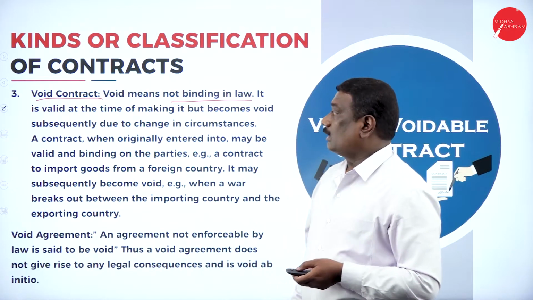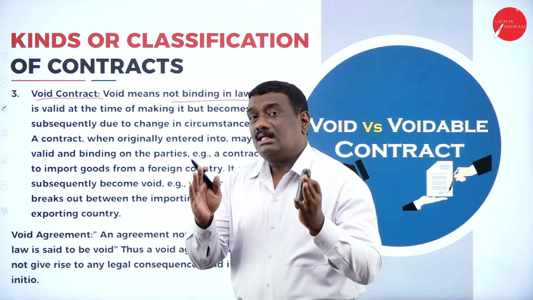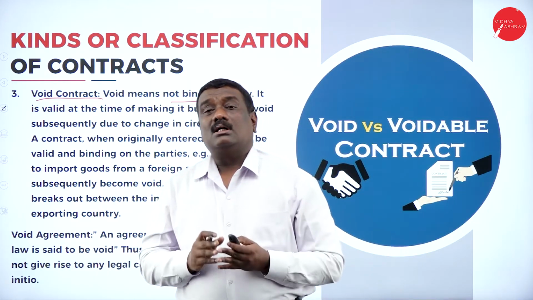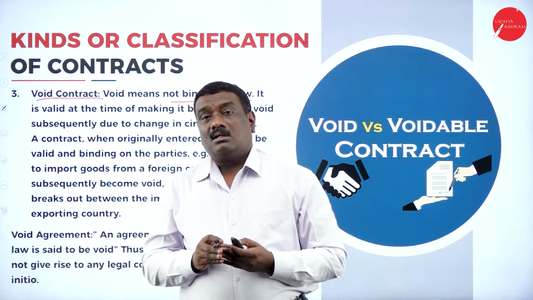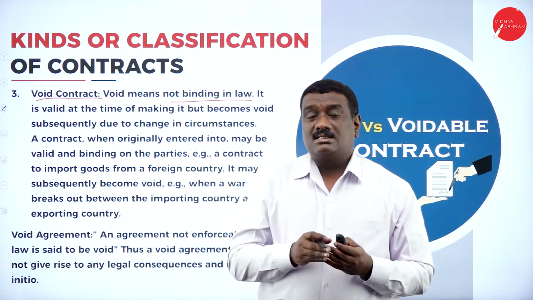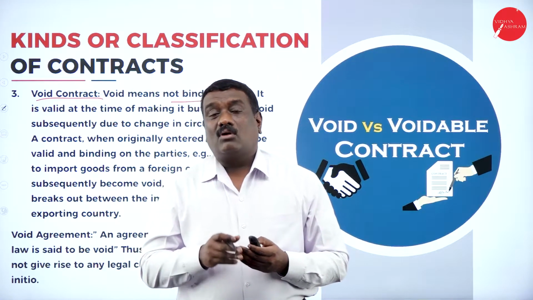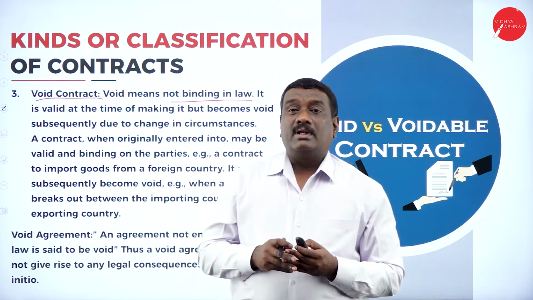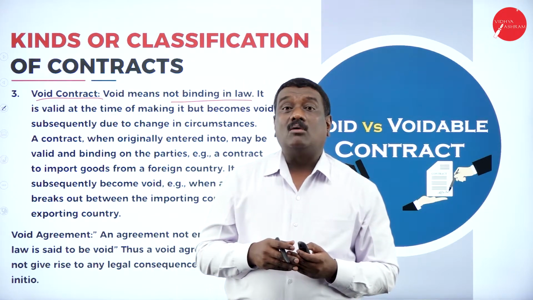Likewise, a contract which has been originally entered into as a full-fledged contract enforceable by law, at a later stage becomes void, because a party is not going to fulfill his promises or obligations.